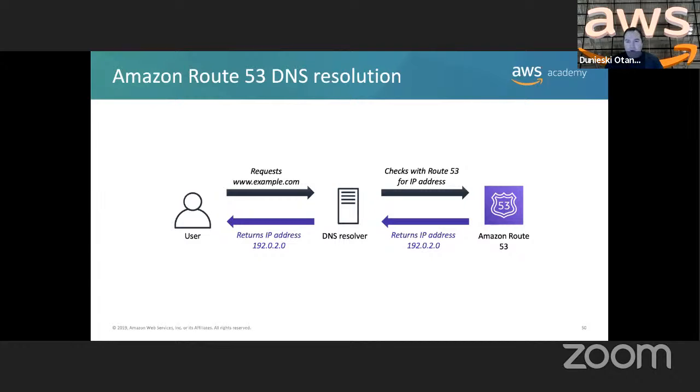Then it would check with Route 53 for IP addresses. So you check if that domain is there, because it resolved to an IP. It checks if the IP exists, and it returns that IP, or that result, to the DNS resolver. And then the user gets the request that he's looking for, okay?